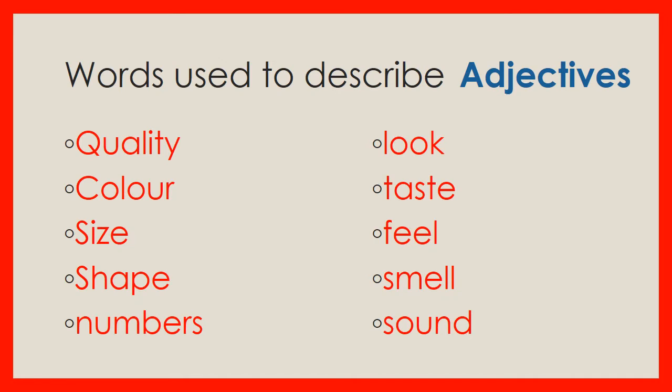Now, we describe a noun in different ways, say through quality, color, size, shape, numbers, look, taste, feel, smell, sound. Let us see examples for these.